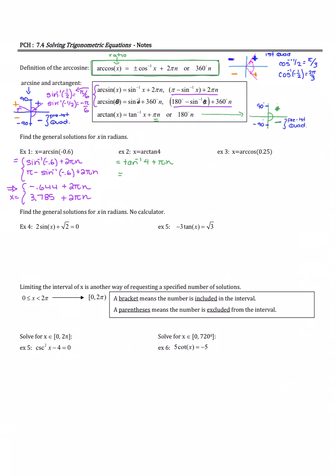And that gives me 1.326 plus pi n. Because realize, this was a positive ratio, right? So somewhere up here, when I add pi, because tangent's positive here and here in sort of diagonal quadrants, that plus pi n already brings in my other value.